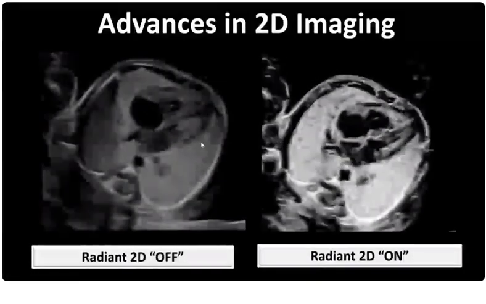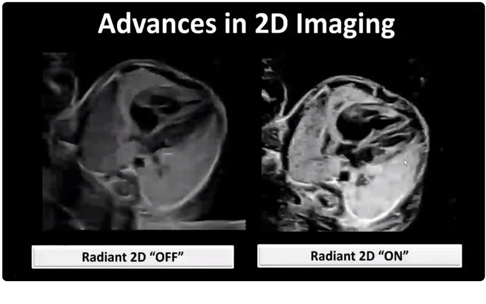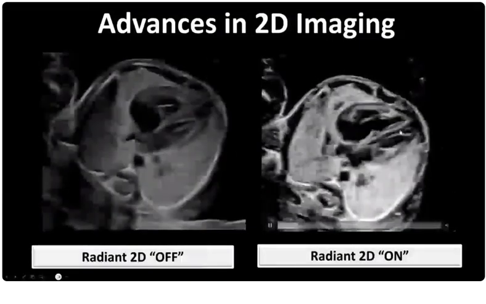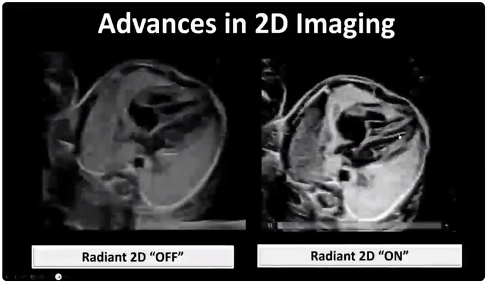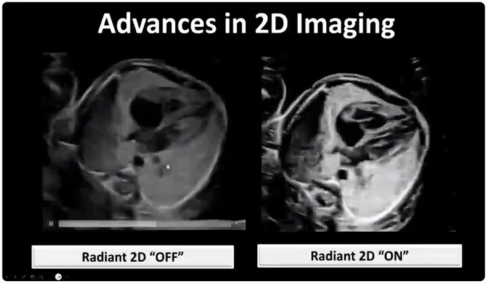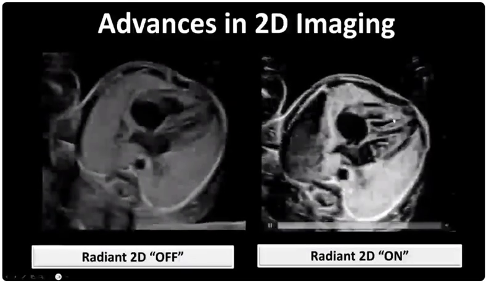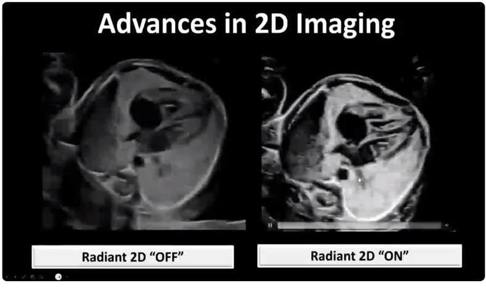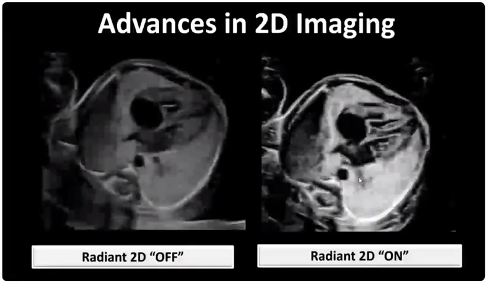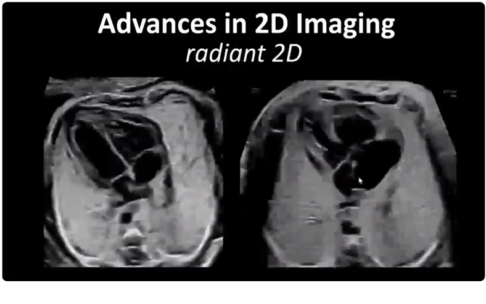And you can see how the application of Radiant 2D helps with increasing the resolution, how the borders of the myocardium are highlighted, and how much detail we can see here compared to this image, which is also showing a lot of detail, but here we have more resolution and more contrast. That is always the goal when we are looking at the structures within the heart.